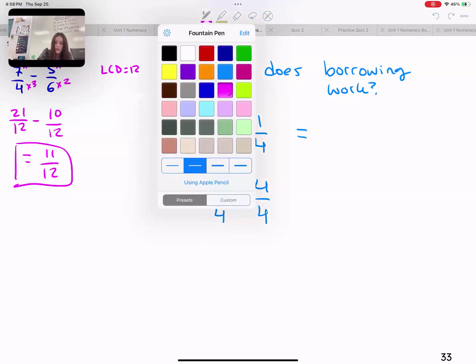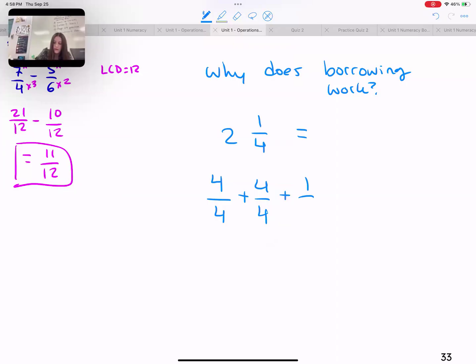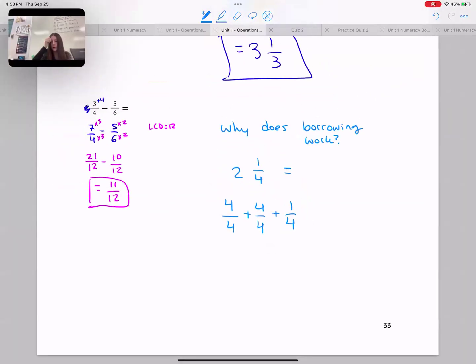And then I'm going to have the portion. So what this looks like is 2 entire pies and then 1/4 of a pie. So 2 entire pies and 1/4 of a pie. Same with this. 4 over 4 is 4 slices of pie in a pie that's cut up into 4 slices.